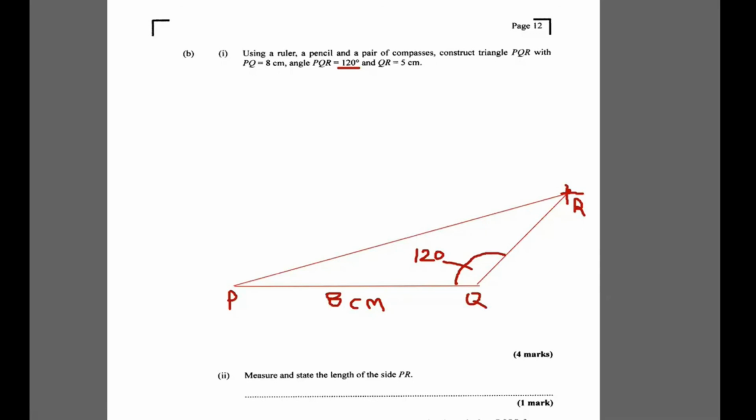Then they ask you to measure and state the length of PR. So PR is going to be this distance. When you finish constructing the triangle, measure this distance, and you're good.